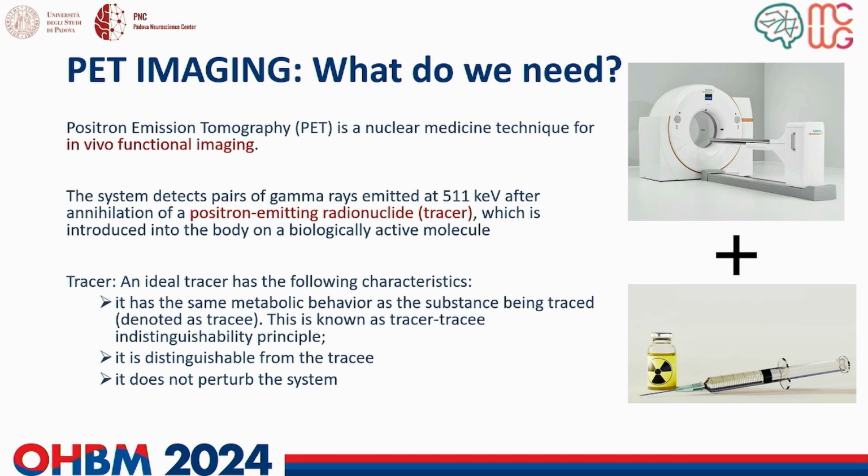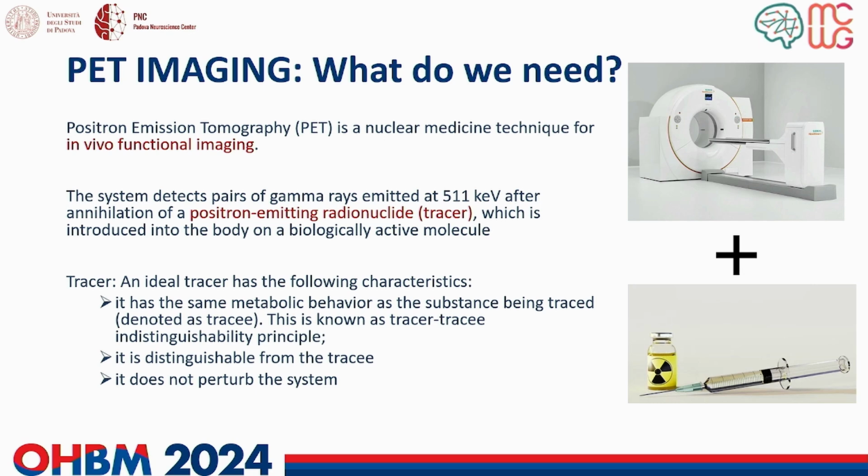So a PET tracer is something that is able to be detected by the scanner, so it's radioactive. But tracer also means that the amount of tracer is picograms, nanograms, okay? So I cannot just use 1 kilo of glucose, because in this case, I'm not going to investigate exactly the behavior of glucose, but the action of glucose on the glucose system.